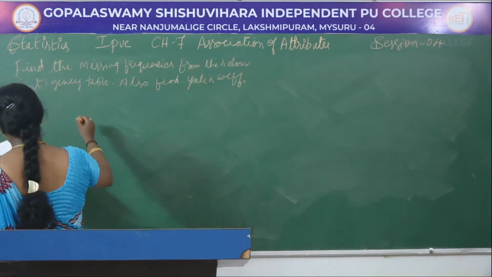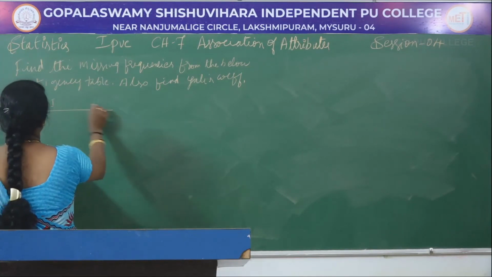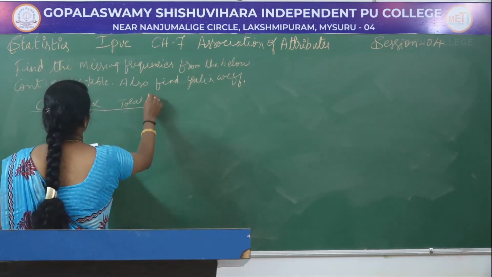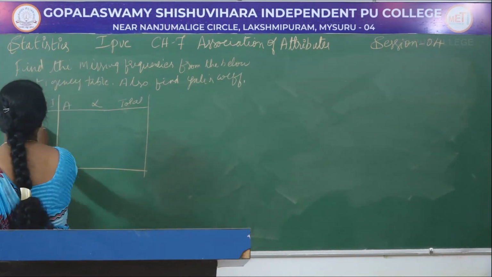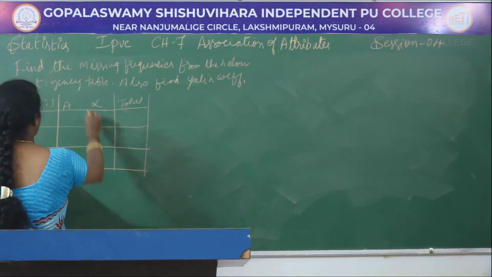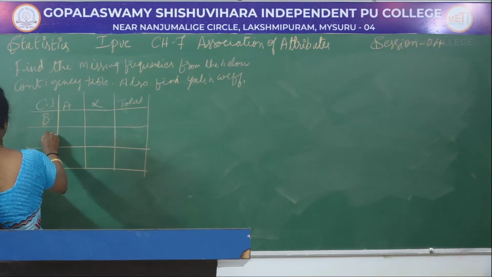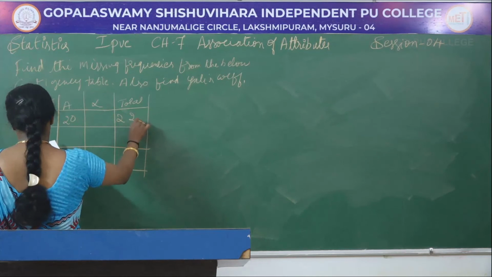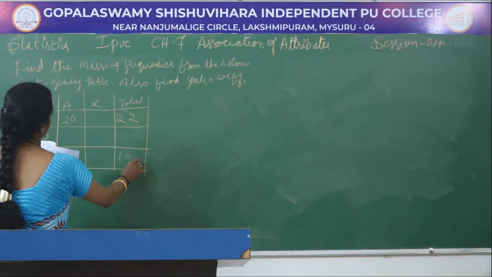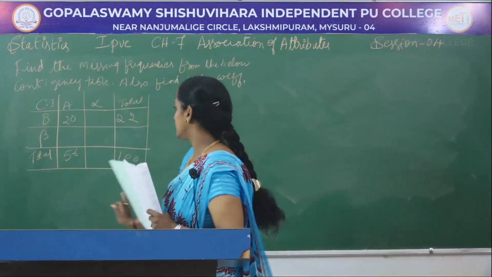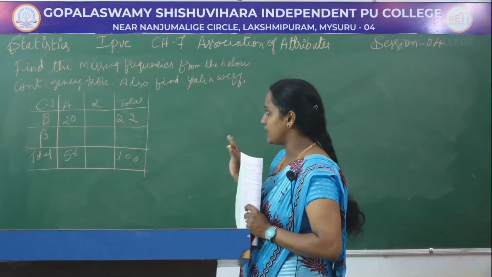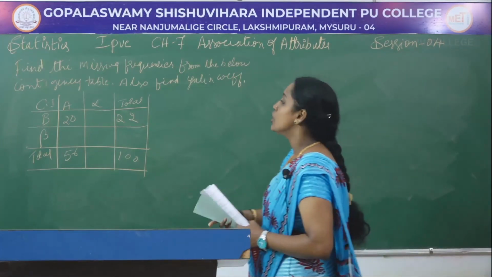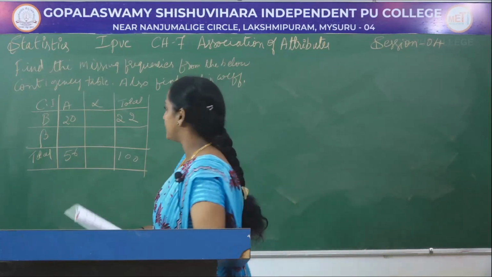Here it is 20, 22, 56, 100. Simply, they have given this data. Now we have to complete this table first, that is, find out the missing frequencies. Then we have to find the Yule's coefficient. Okay, first complete this table.